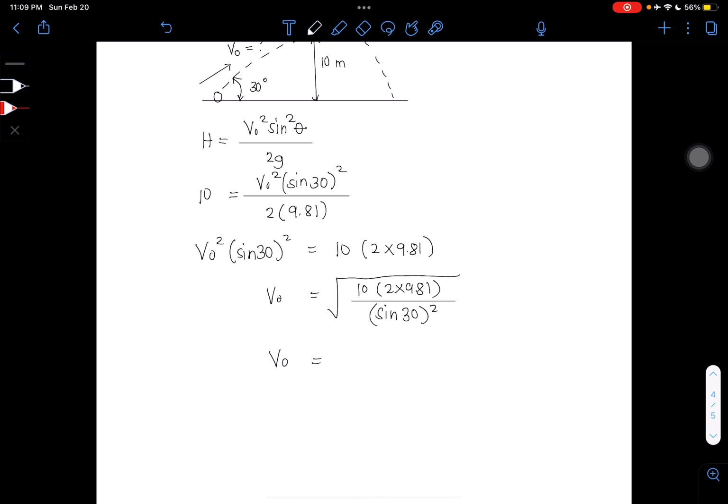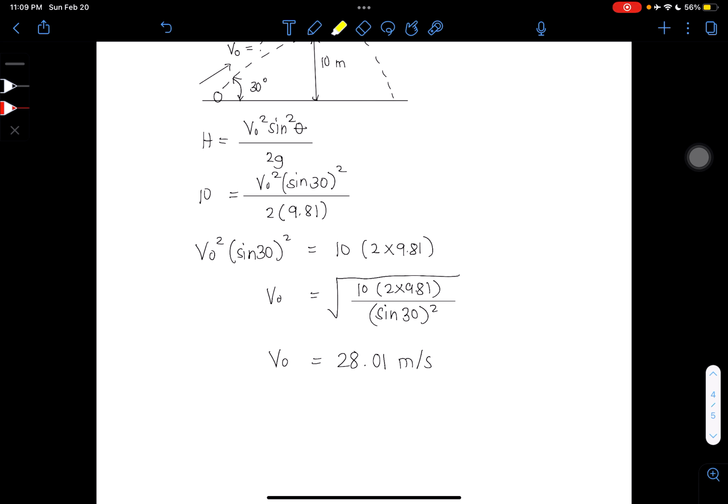V0 will be, so calculate ni ma'am, square root of 10 times 2 times 9.81 divided by sine of 30 squared. So our answer will be 28.01 meters per second since velocity.